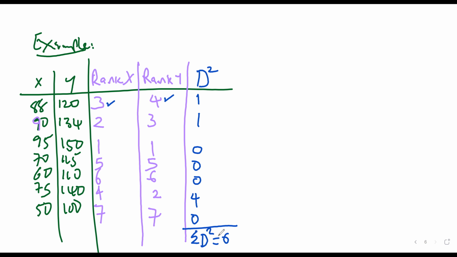Then we said that rho is 1 minus 6 times summation of d squared, which is 6, divided by the number of observations cubed minus the number of observations. How many observations do we have here? 1, 2, 3, 4, 5, 6, 7. So you have 7 cubed minus 7.